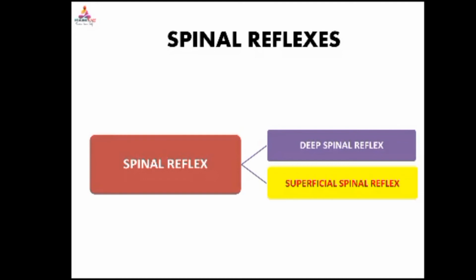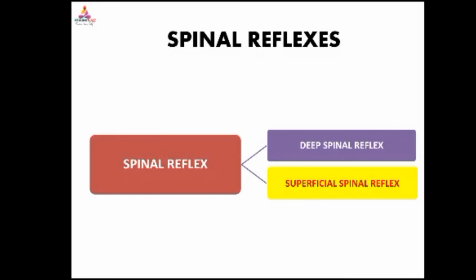Next reflex is the abdominal reflex. For the abdominal reflex, the upper part is T7 to T8, the middle T9 and T10, and the lower T11 and T12. It is elicited by stroking the skin from side to side in the upper region of the abdomen, the middle region, and the lower region.